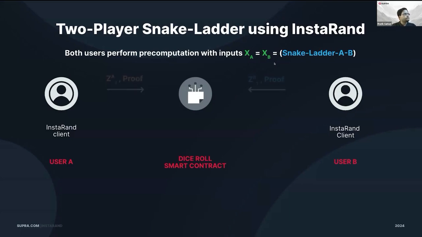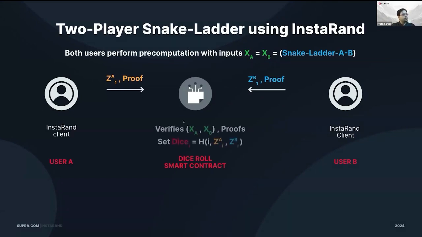Now in the online phase, we have the DiceWeb smart contract, which will take the extended outputs from both of these users one at a time. Then it will verify XA and XB and these individual proofs. For the ith round, it will generate the dice as the hash of i and each of these random values.